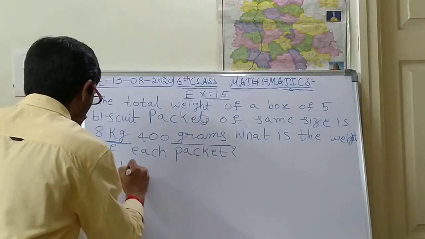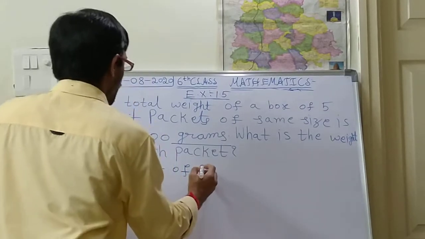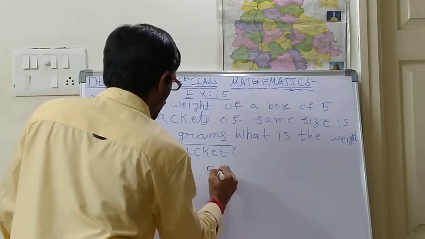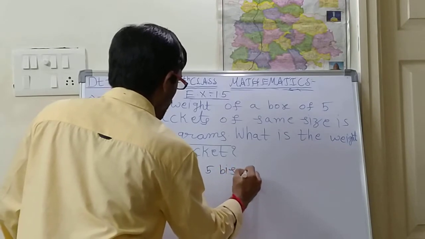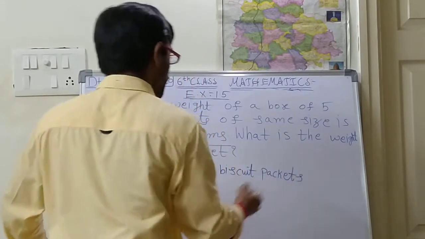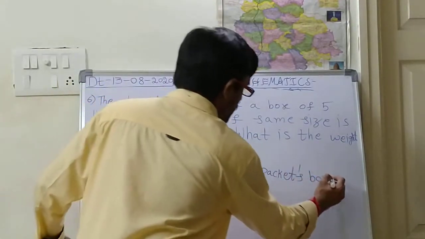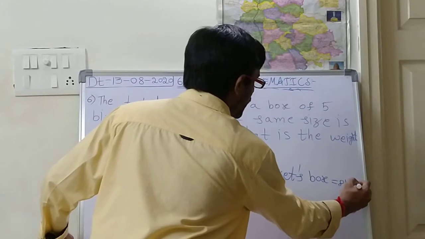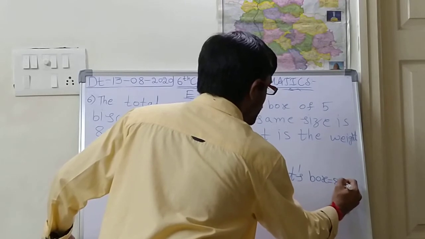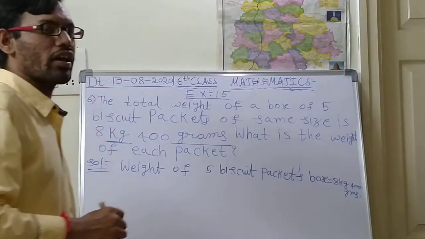The weight of the box of 5 biscuit packets is how much? 8 kg 400 grams.